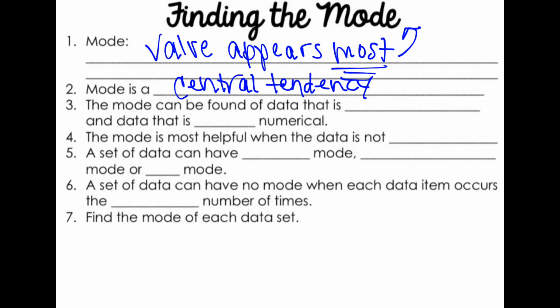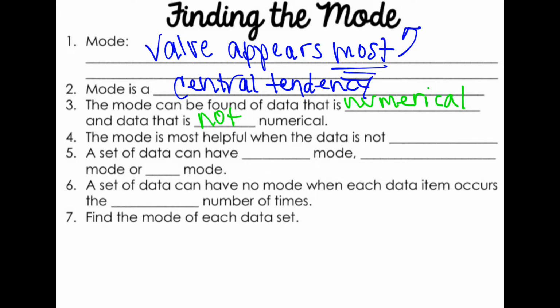The mode can be found of data that is numerical and data that is not numerical. So you can find the mode of data that has numbers. You can also find the mode of data that does not involve numbers.